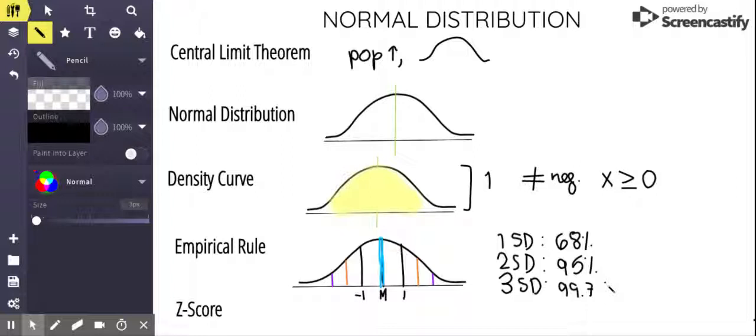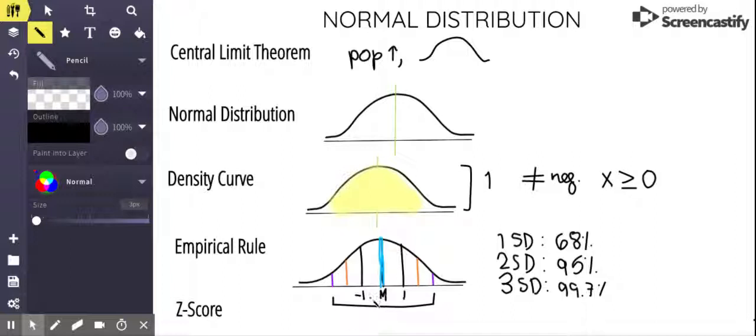And I know that sounds like a lot, but if you look at it, it really makes a lot of sense because you're going to have a lot of your observations within 3 standard deviations, which are these purple lines. And really, we're covering the whole area of the graph. So it makes sense to have 99.7% of your population within those areas.